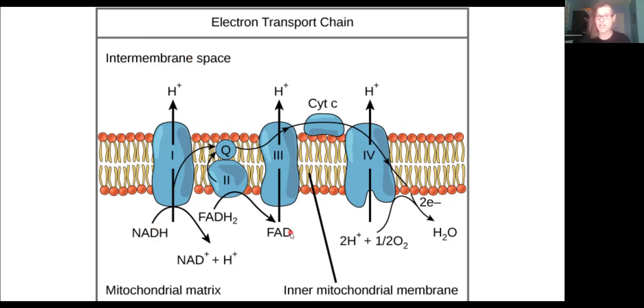So these proteins are actually channels. Most of them. 1, 3, and 4 are channels. 2 is picking up the electrons from FAD, and the cytochrome C is just an electron shuttle. But the other ones are channels, and they are pushing hydrogens through them. Every time the electron goes through, it also pushes a hydrogen ion through.